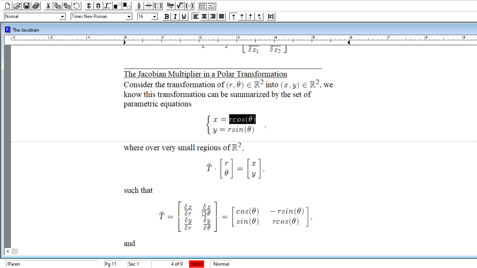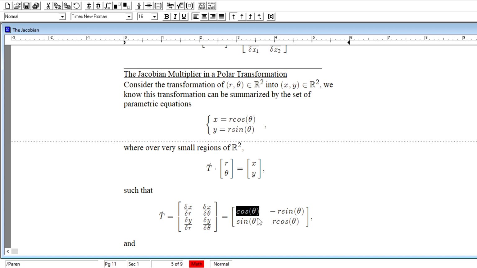The partial of x with respect to theta is negative r sine theta. The partial of y with respect to r is sine theta. And the partial of y with respect to theta is r cosine theta.